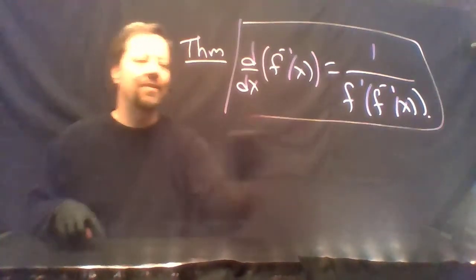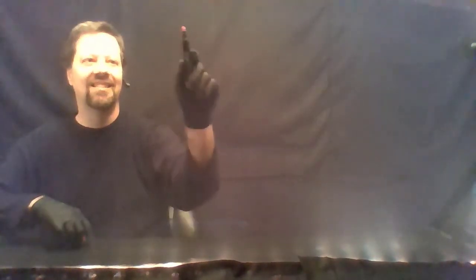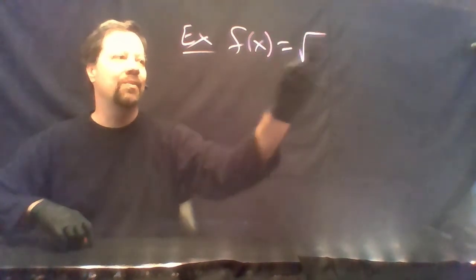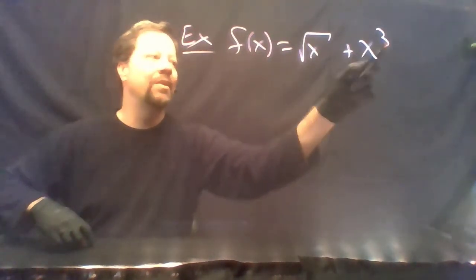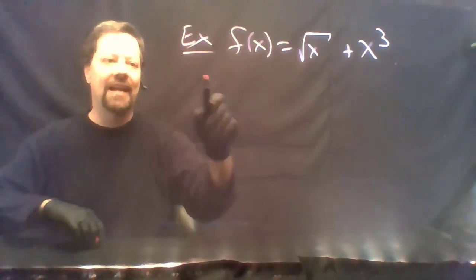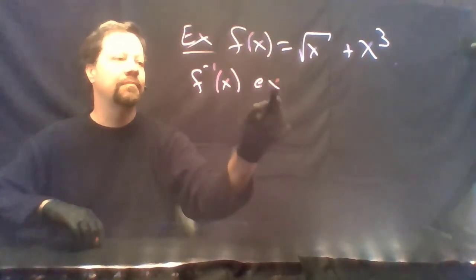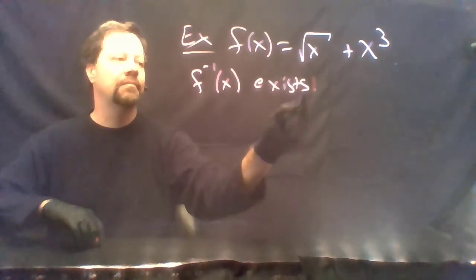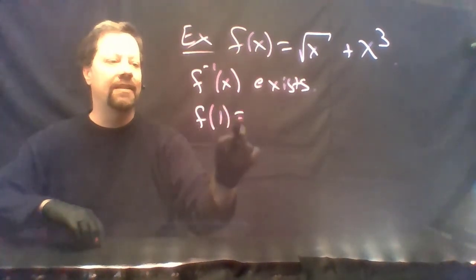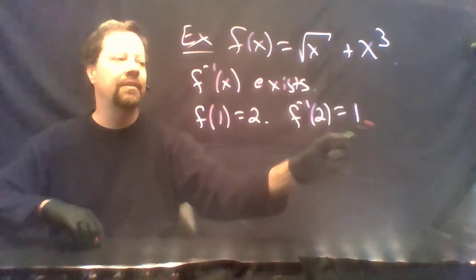We could have used this to derive all of those formulas that we just found. In our next example, we're going to suppose f of x equals the square root of x plus x cubed. Now, this function has an inverse function. And note that f of 1 is equal to 2, so that f inverse of 2 equals 1.